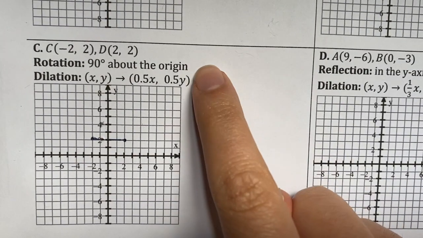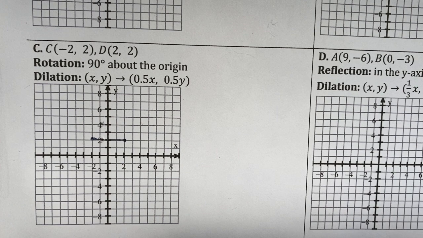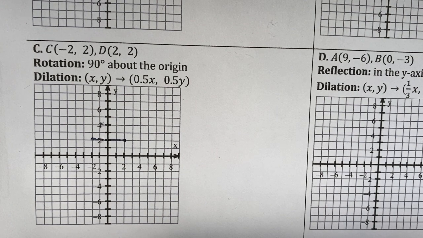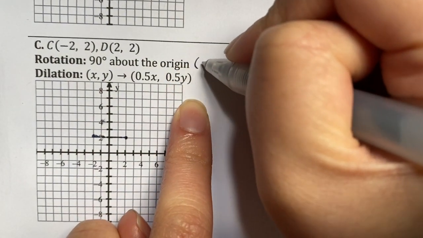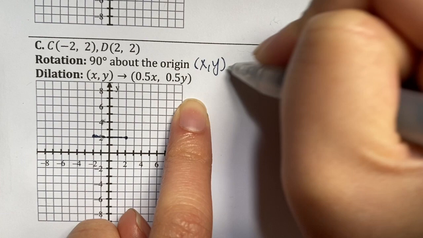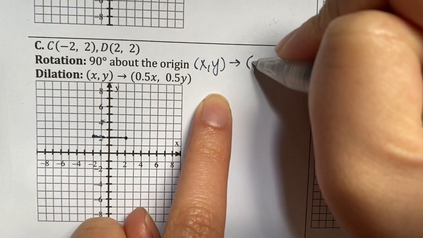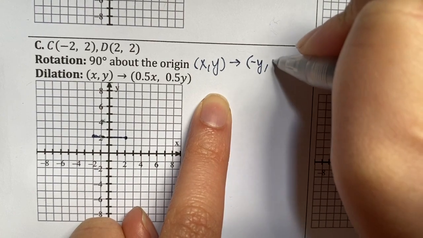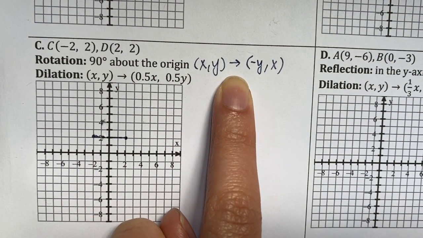Now, for 90-degree rotation, firstly, with rotations we usually rotate counterclockwise. And we can use a rule for the rotation. So a 90-degree rotation will turn a point (x, y) into (-y, x). Basically, the x and y are going to switch, but then the x becomes negative. Okay, so if you're great at remembering rules and formulas, you can use this.